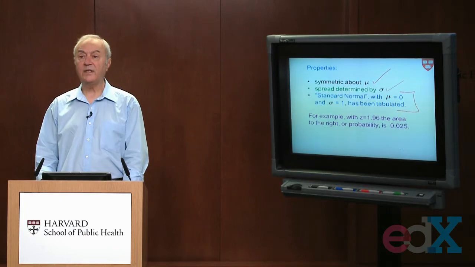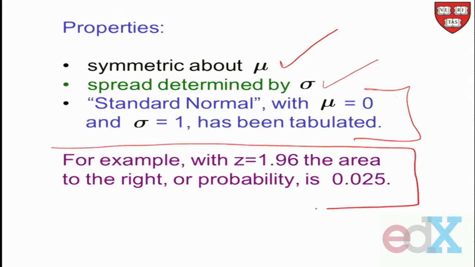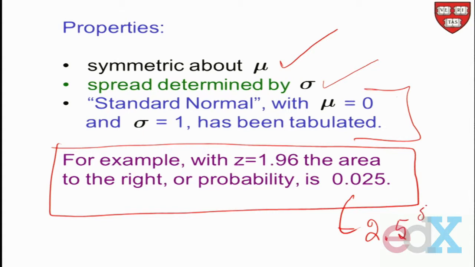Let's look at some particular examples. The one that everybody remembers is that the area to the right of 1.96 is 0.025. So for a standard normal, there's a 2.5% probability of getting a value bigger than 1.96, which is, let's say, approximately 2.